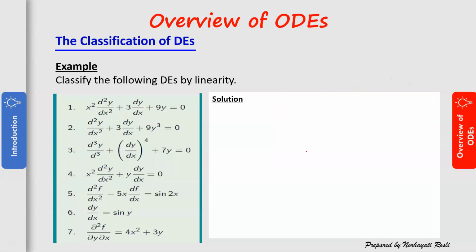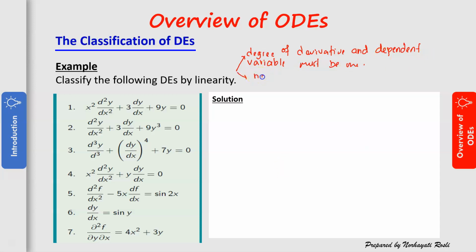Next class, we need to classify the following differential equation by linearity. Okay, for the linearity, we have here number 1, the degree of derivative and dependent variable must be 1.